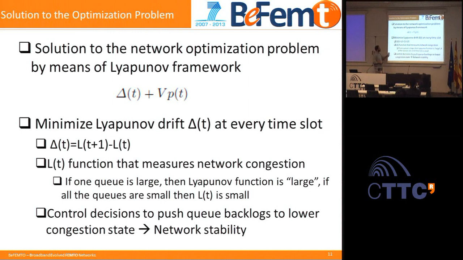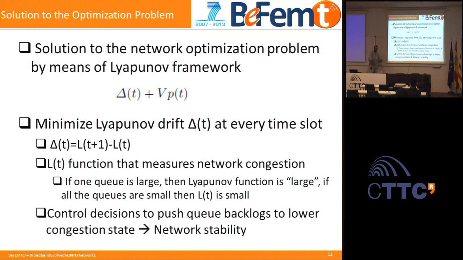That's the message. So what they did to stabilize the network was to greedily take decisions at each time slot to go to a lower congestion state. They have a complete view of the congestion state of the network, and in each time slot, they take the control action, whatever routing decision or whatever you are doing, so that you reduce and you evenly distribute the load throughout the network.